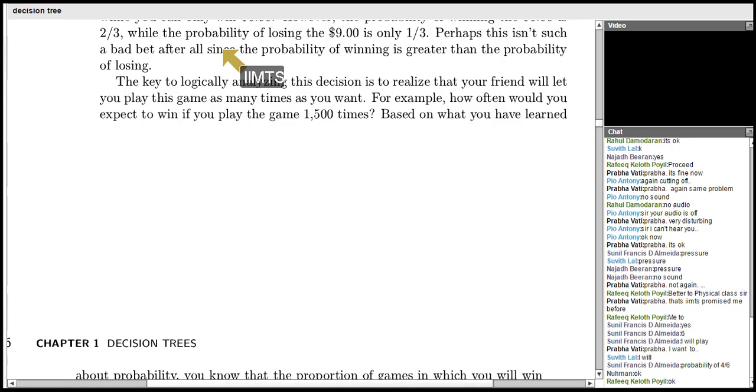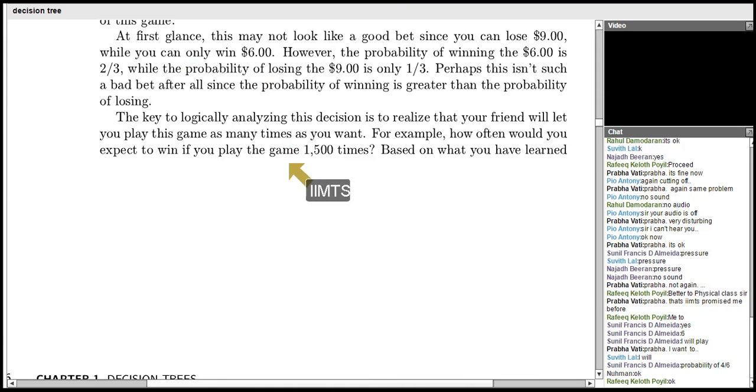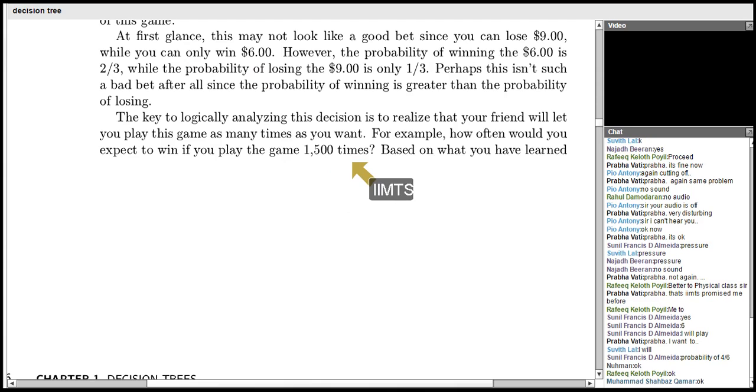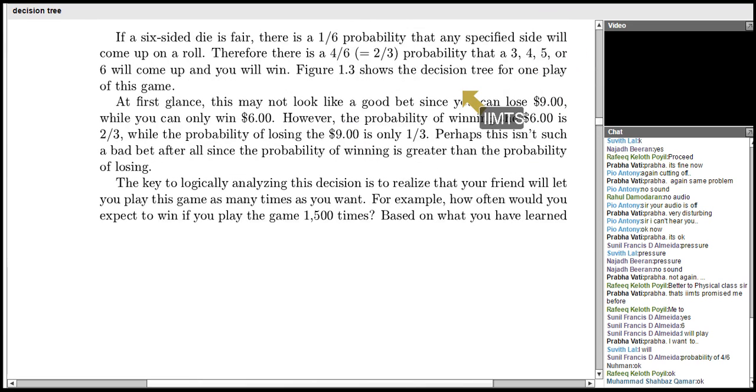So the question I want to give today to wrap up the class before we continue with the probability and then go back to the decision: how much will you gain if you have to play this game 1,500 times? Please take down the question. And how much will you lose if you play the game 1,500 times? Again, this is the question.